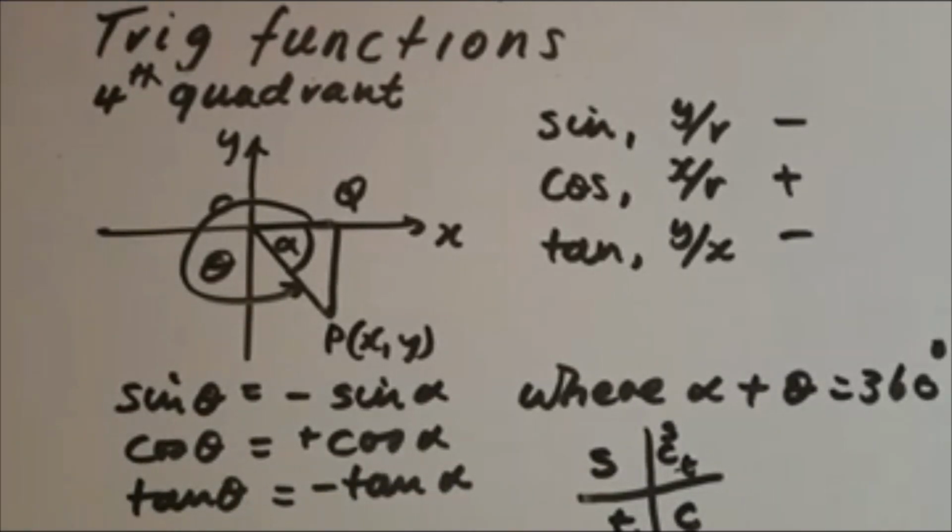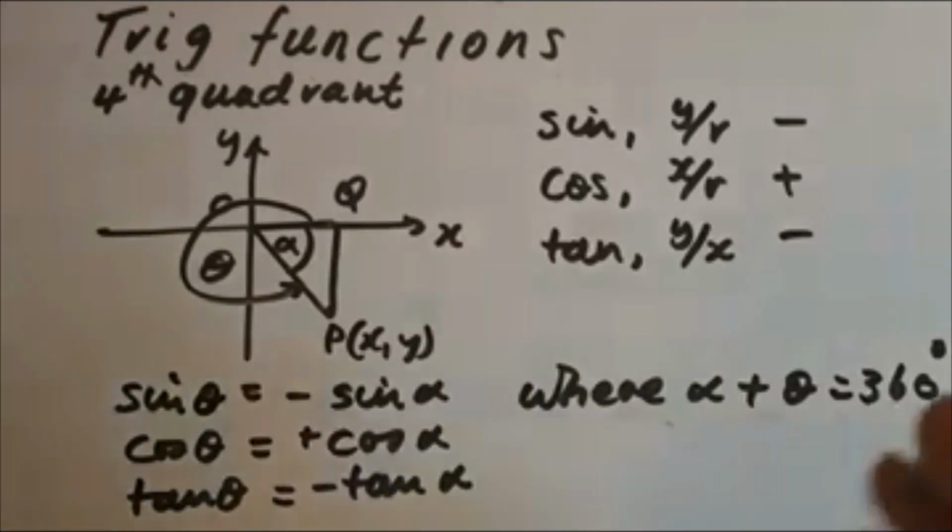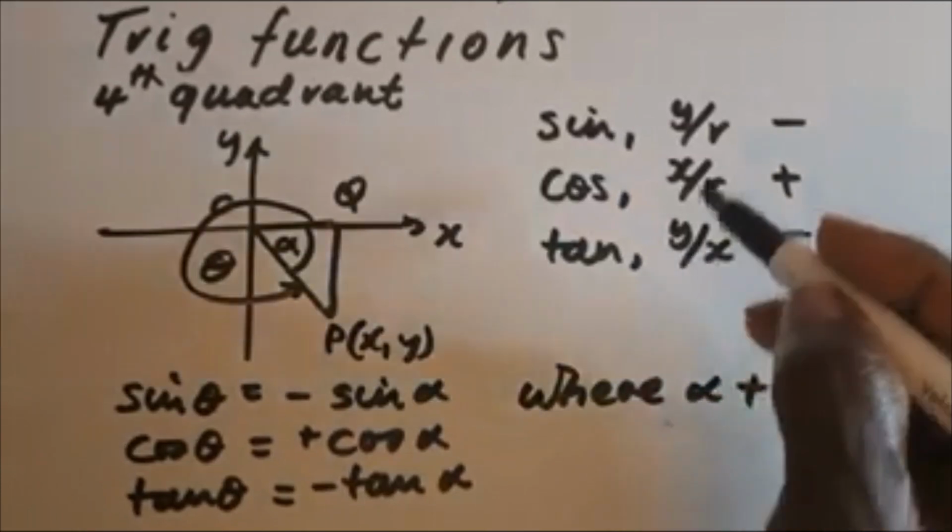So all the results that we went through for the first, second, third and fourth quadrant can be summarized in this little diagram here. Let me just write it clearly somewhere here.